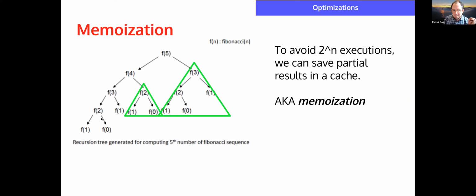We hit this function call of f of 2 first before this call of f of 2, and we hit this f of 3 before we hit this f of 3. If we could cache the results, then we can cut out entire subtrees, like huge subtrees if this is a big number. The technical term for this is memoization.